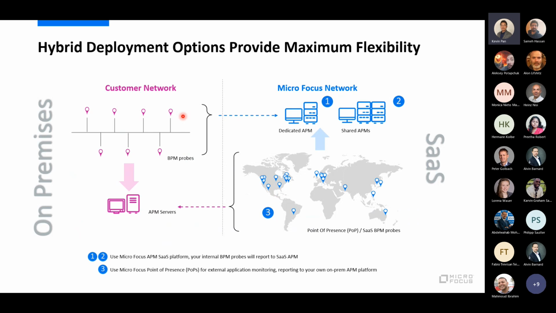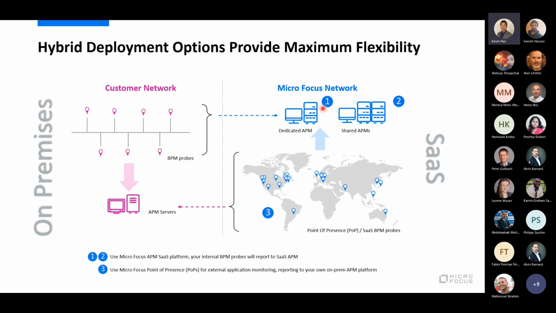And if they want to monitor their internal application, they need to deploy their own BPM on-prem, and it can be connected to our APM SaaS instance as well. So they can use a combination of our external probes as well as their internal probes to probe their internal applications.